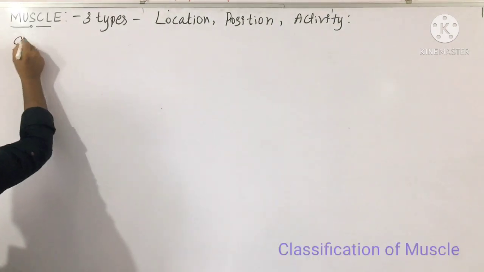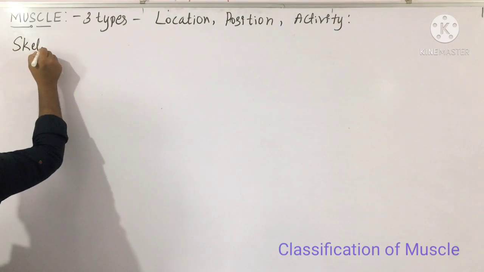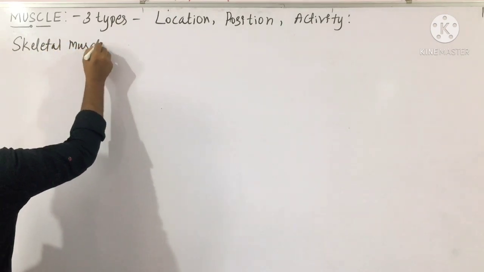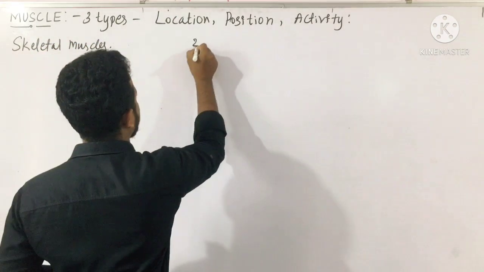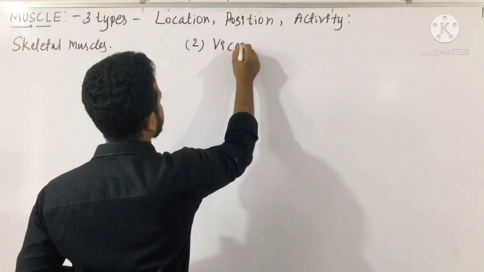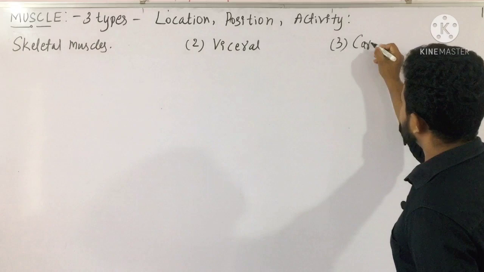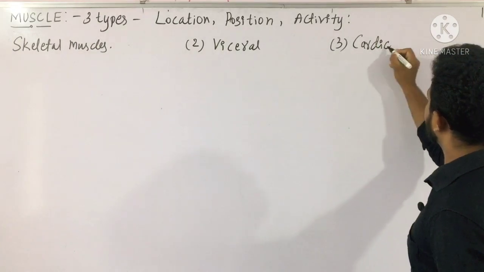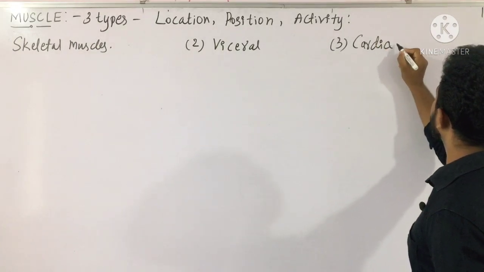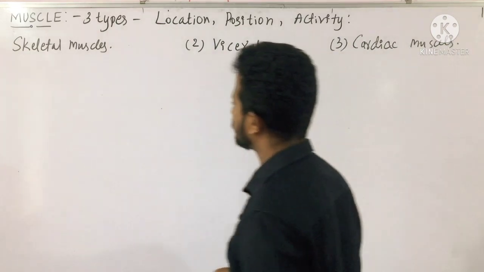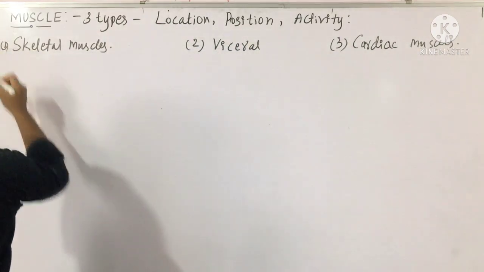The first one is skeletal muscles, the second is visceral muscles, and the third is cardiac muscles.